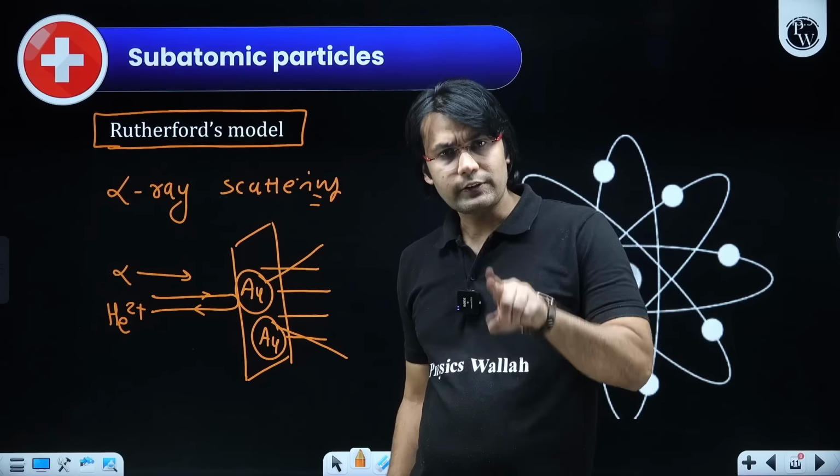So N1 is 2 here, so 2 square will be 4, minus N2 square. So N2 is 3, so 3 square is 9. If you calculate it, then your wave number 1 by lambda will be RH, LCM of 9 and 4 is 36 and 9 minus 4 is 5. So definitely our wave number is coming RH into 5 by 36, which is given in the statement 5 by 36 into RH. So definitely here statement 1 is absolutely correct.